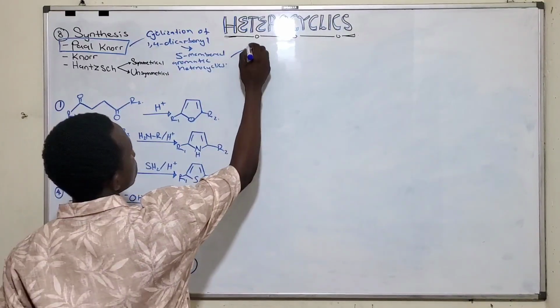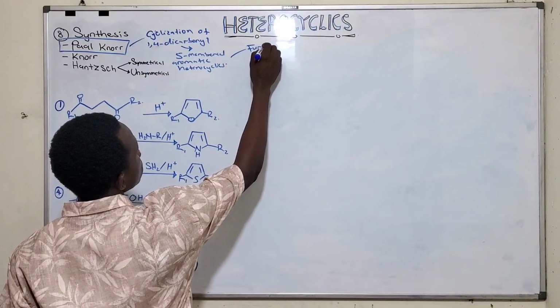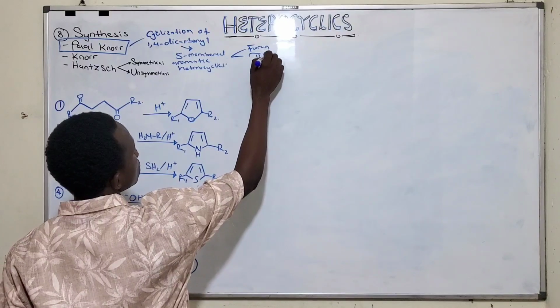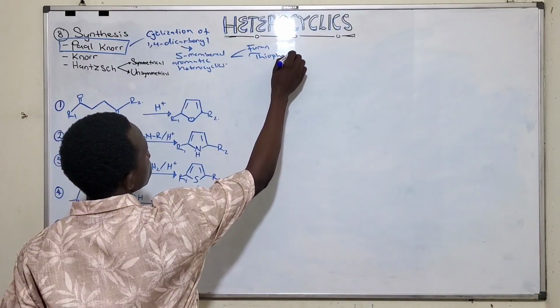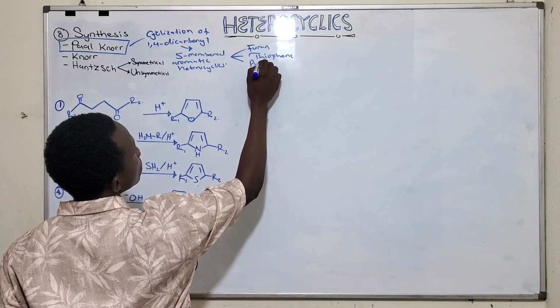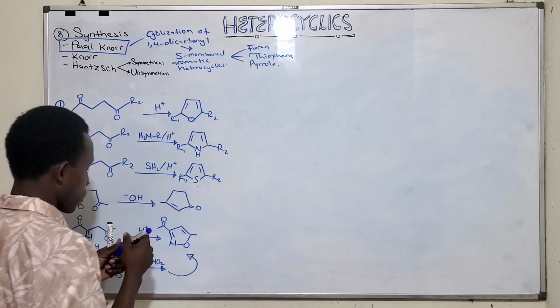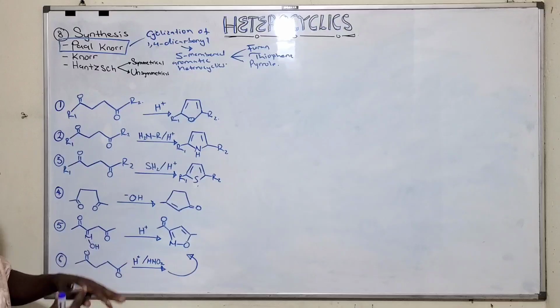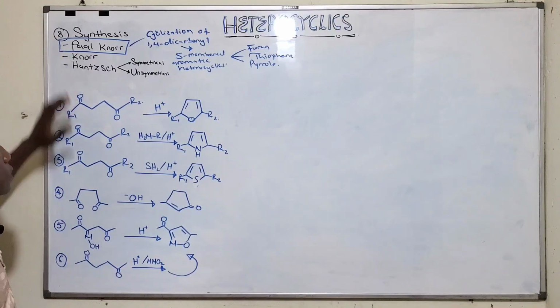These are furan, thiophene, and pyrrole. So, in this video, we are going to talk about Paal-Knorr synthesis.